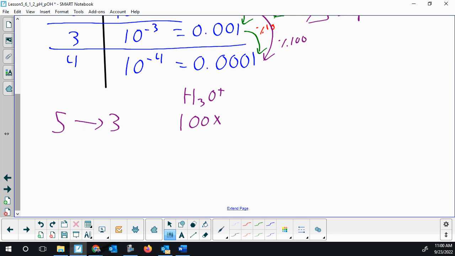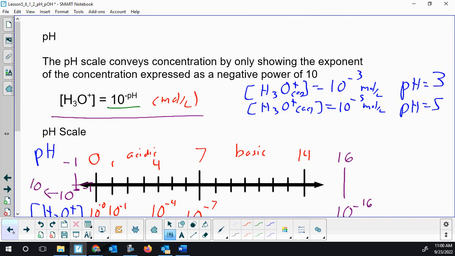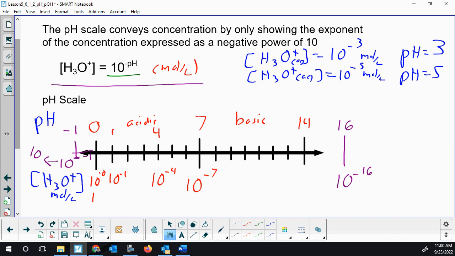And then you've got to think, is it more or less? Are we getting more acidic or less acidic? So as we go from 5 to 3, we are getting more acidic. We're going away from neutral.